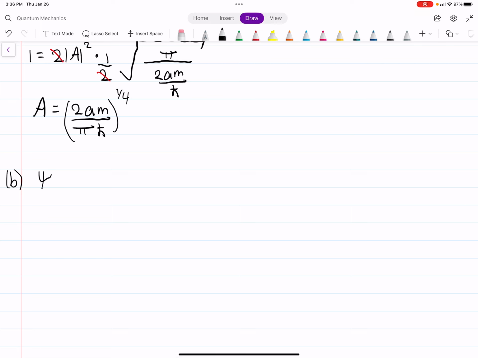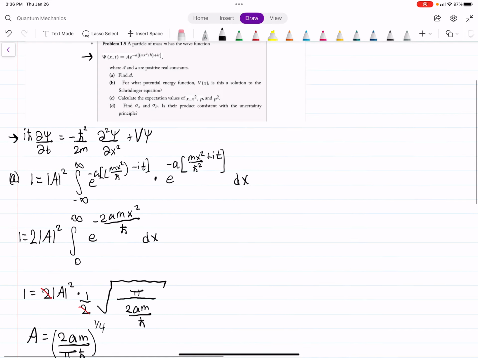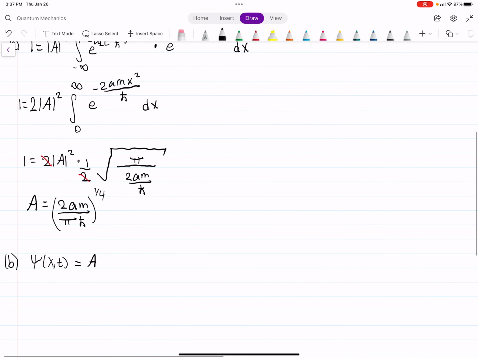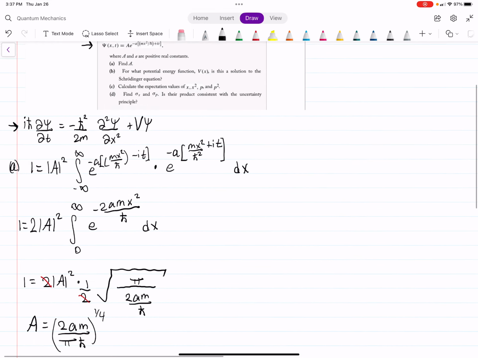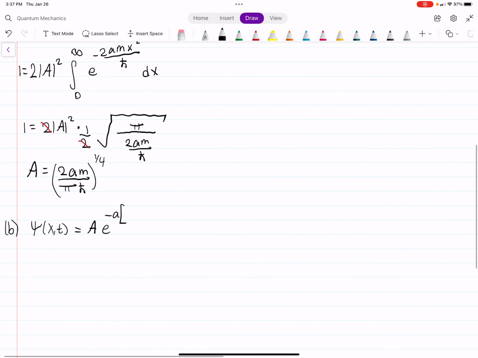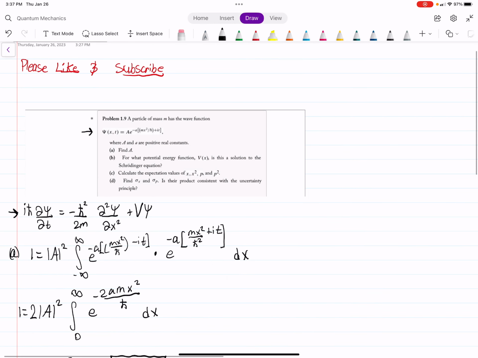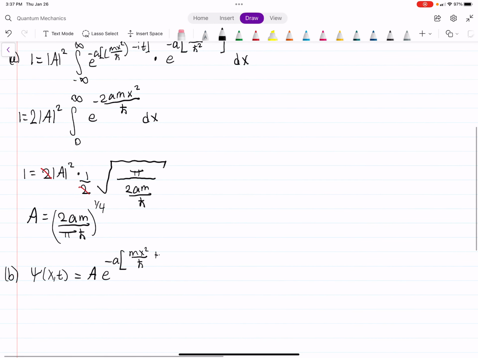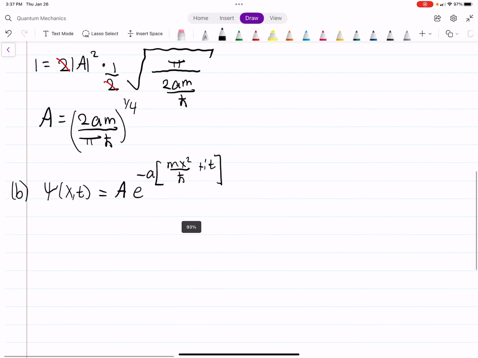So I'm going to see if I can just rewrite this out really quick. Psi is a constant a, which we just found, times e to the minus a m x squared over h bar, and then minus i t, or plus i t.